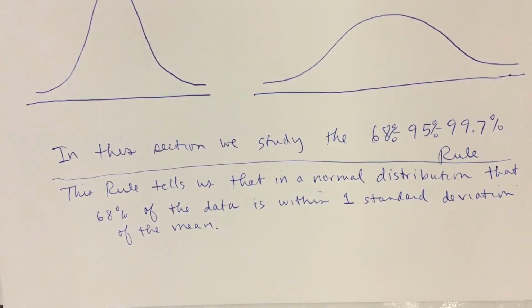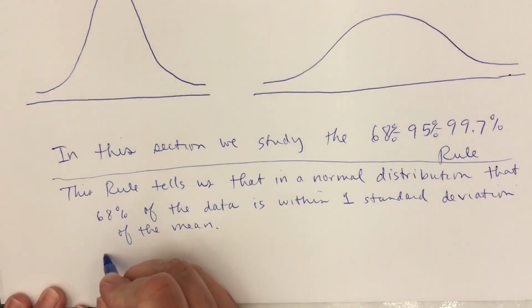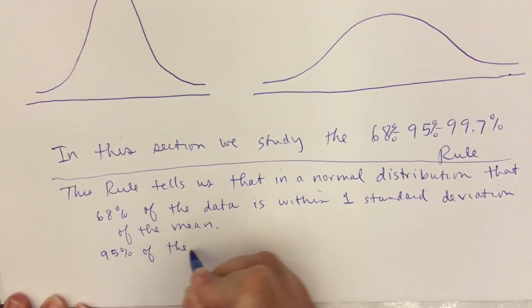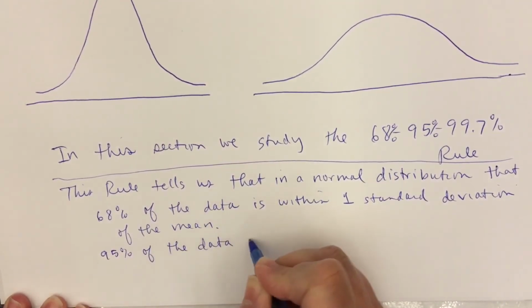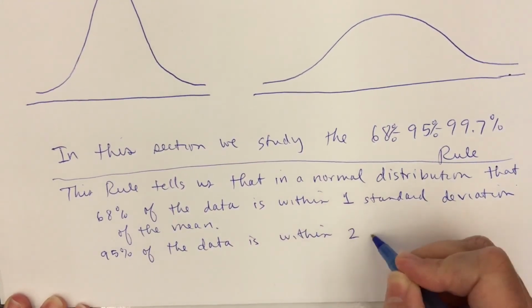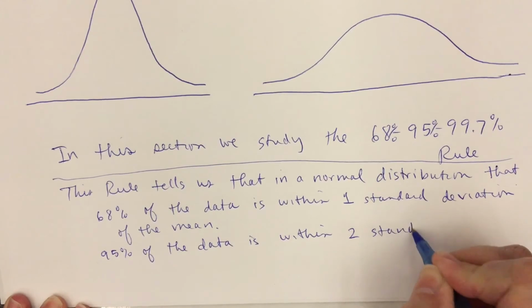It tells us that 95% of the data is within two standard deviations of the mean.